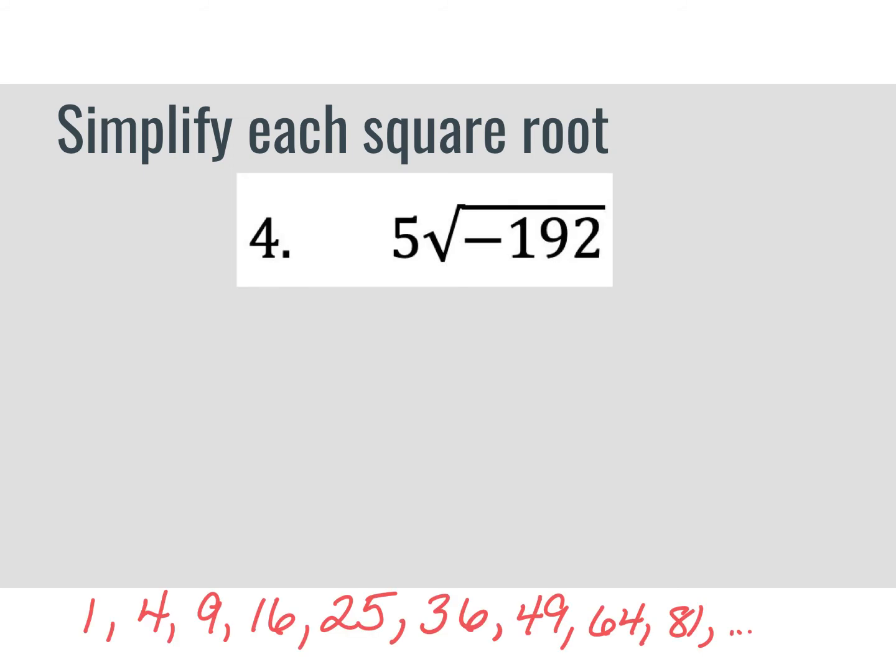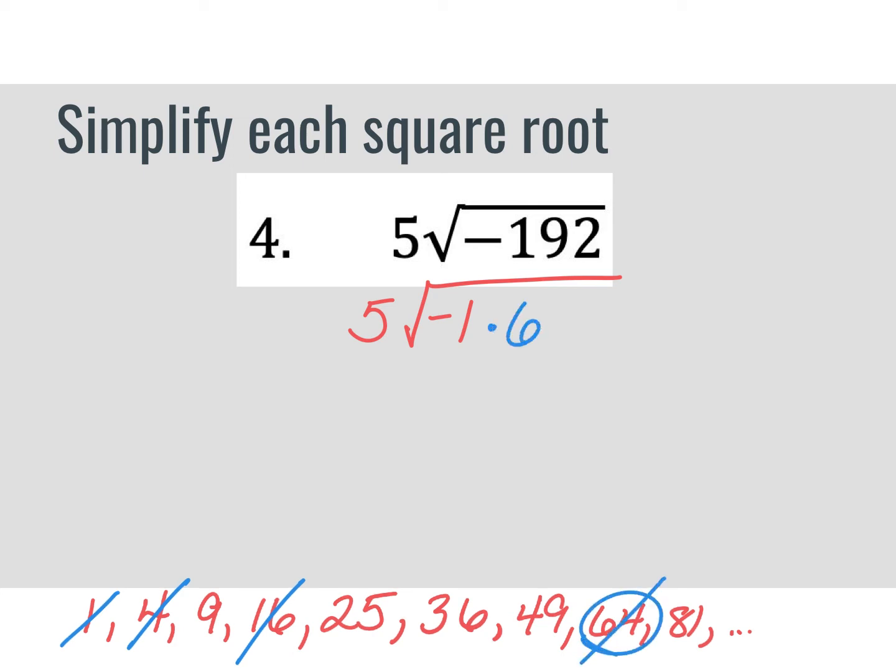So for the next one, I have a coefficient. This would be 5 times the square root of, break this up, negative 1, and then trying to find a perfect square that goes into 192. Let's see, 1 goes into this always. 4 does, but I'm going to check something bigger. I try 16 if 4 does. 16 goes into it. So if 16 and 4 do, I'm going to actually try 64, and 64 goes into this 3 times.